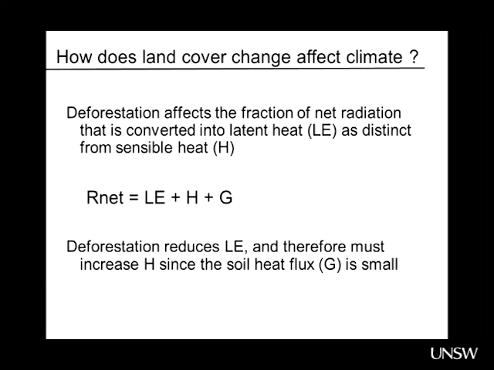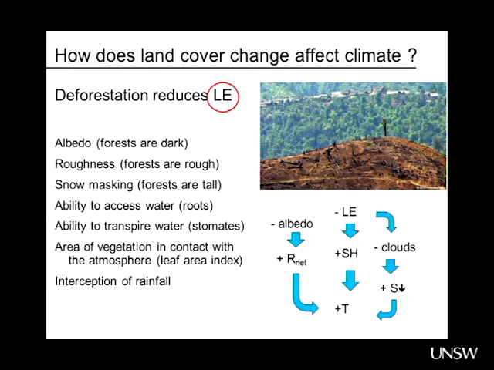Deforestation almost always reduces the effectiveness of the land at transferring moisture into the atmosphere, and therefore tends to reduce the latent heat flux, and consequently must increase the sensible heat flux, because the soil heat flux is a fairly small term. So deforestation profoundly changes the balance of the turbulent energy fluxes that either moisten or heat the boundary layer.